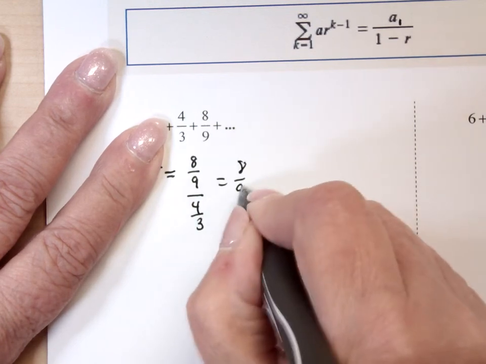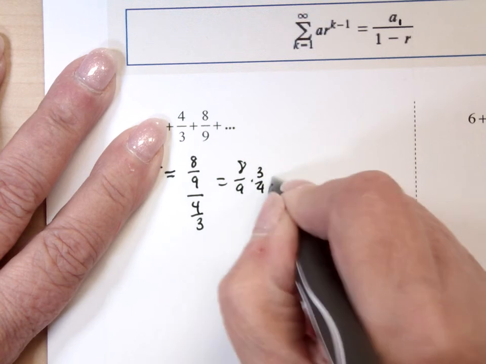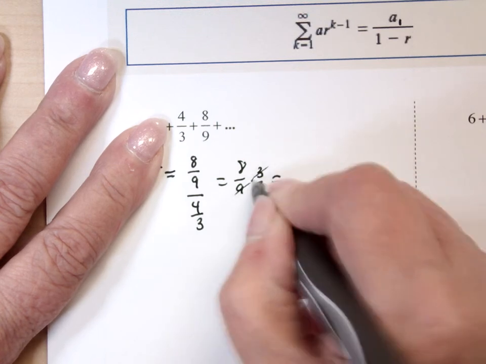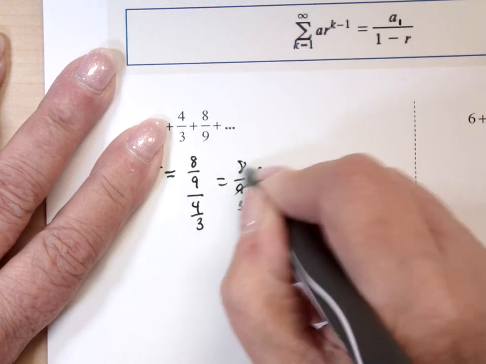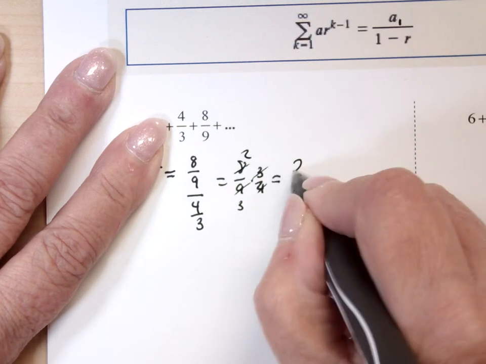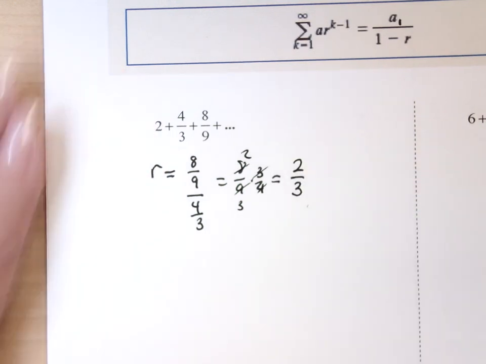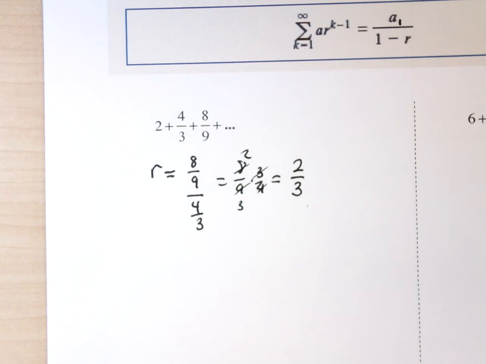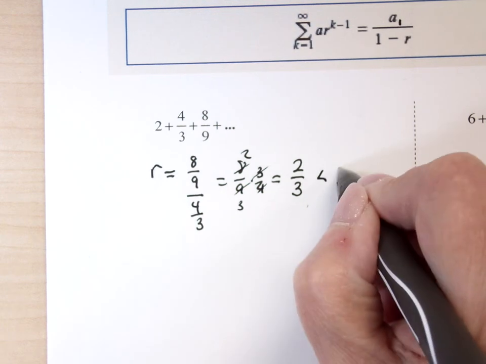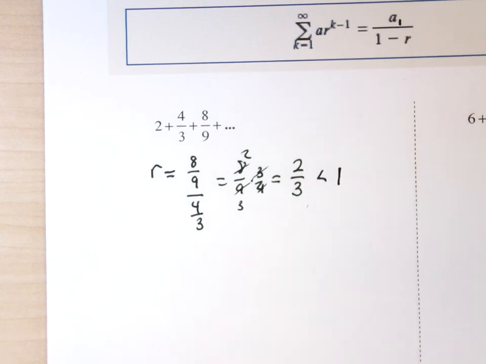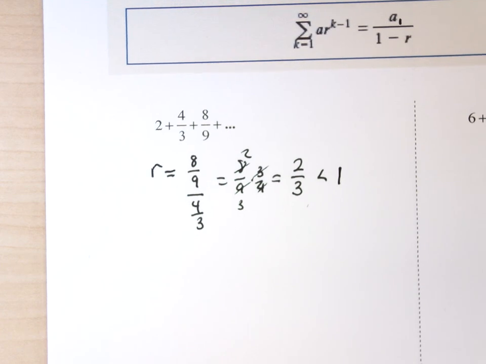That equals 8/9 times 3/4, and r is 2/3. Does this have a sum? This is less than 1, so does that sum exist? Yes.